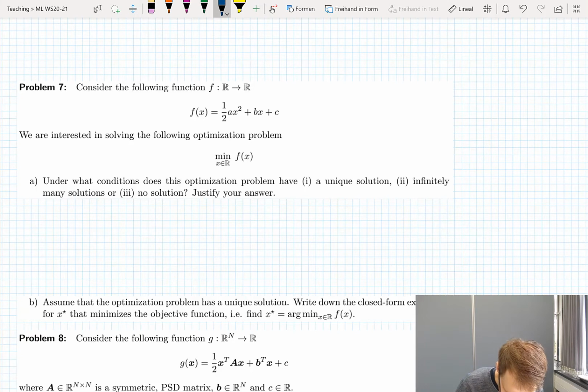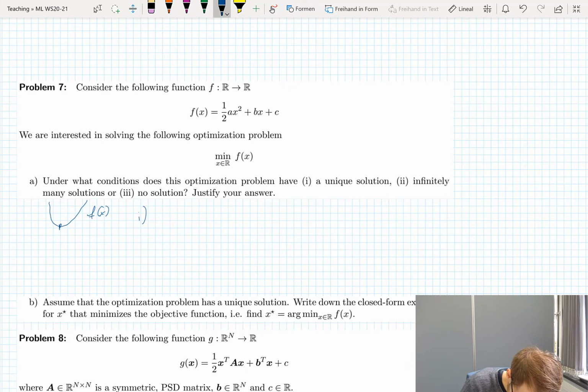So if you look at this problem, it's just a parabola, right? It's not symmetric because it has this linear term as well. So that's like f of x. So when does it have a unique solution? Well, if there is a minimum, right? So when does it have a minimum?